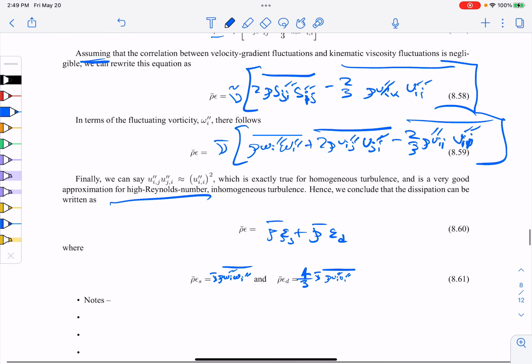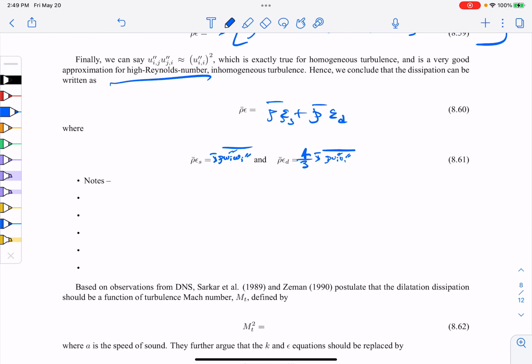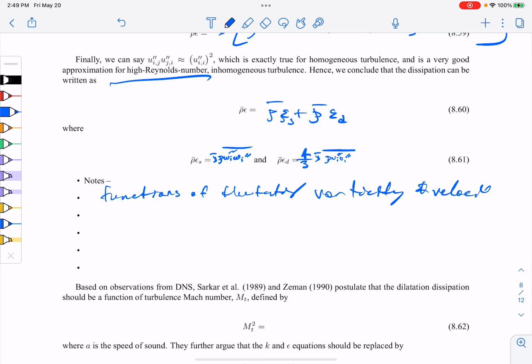Wow. So a few notes about these equations. We have quickly shown that the compressible dissipation rate can be written in terms of fluctuating vorticity and divergence of the fluctuating velocity. We could also write the fluctuating velocity as a summation of divergence-free and curl-free components.